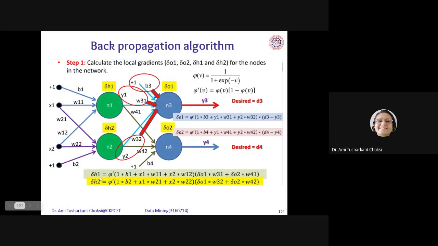Now, same thing we have to find at delta H1 and delta H2. So, what we'll be doing is delta H1, that is equal to phi dash of what? Delta H1 is here, right?